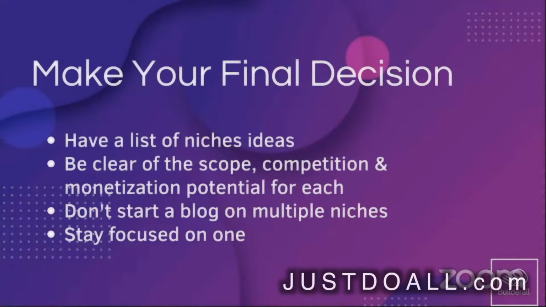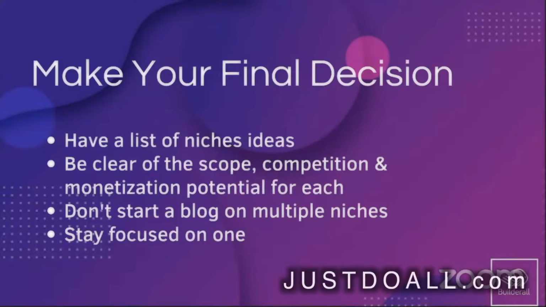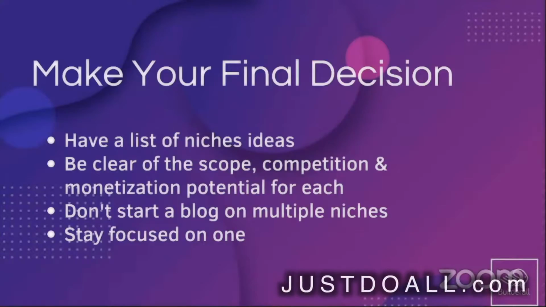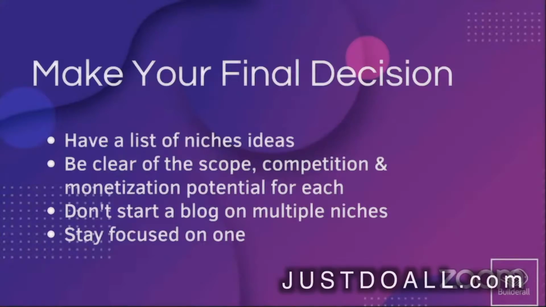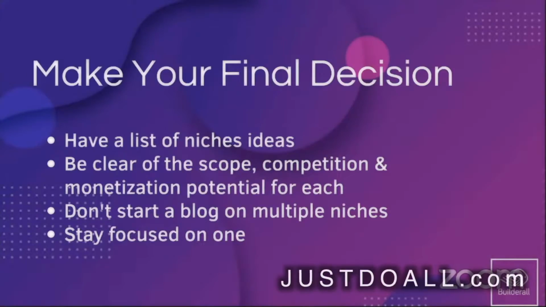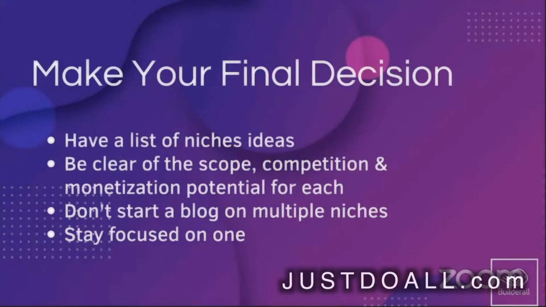So you should have a list of ideas of possible niches that you can talk about and write about in your blog. And then once you have these ideas, make sure you guys are clear of the scope, the competition, and of course the monetization potential of each niche that you came up with, whether it's affiliate marketing, cooking, home design, decorations, whatever it is, right?